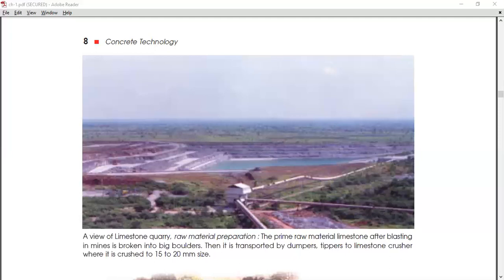By the process of blasting, they use blasting on mines and get stones of limestone.